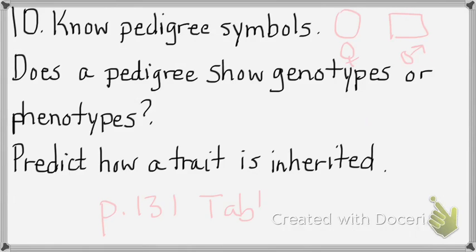I'm talking about autosomal dominant, autosomal recessive, or X-linked recessive. Those are going to be your 3 choices on the test Thursday for inheritance patterns. So I need you to study this table, especially the clues. That's page 131, table 10.3.